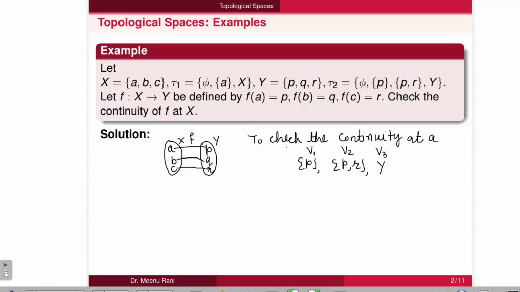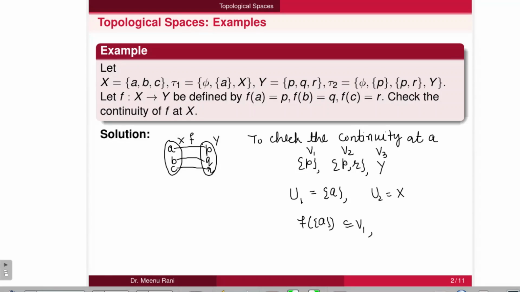For each open set, we get at least one open set U containing the point A. So we take two open sets here, that is A and X. Now F of U should be contained in V. For this particular V1, we take the open set U1, which is A. F of A is mapping to P, so it is the set P, which is contained in V1.